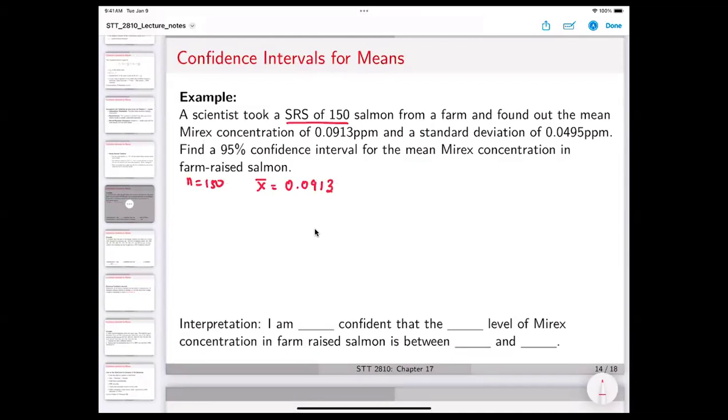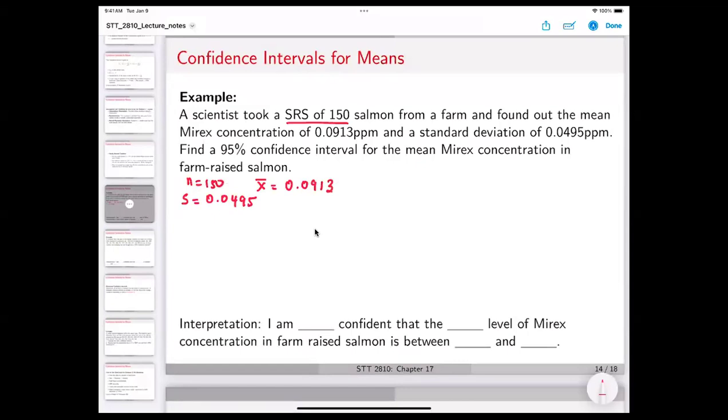And the standard deviation is also based on the sample, because that is the sample he took, and he got the mean and then the standard deviation. So the standard deviation here is the sample standard deviation. So we have s to be 0.0495.